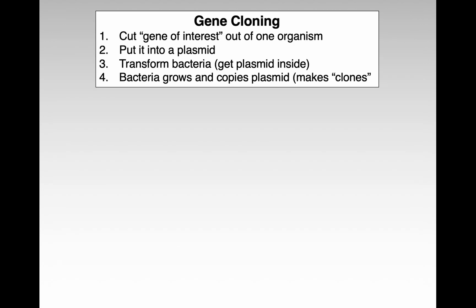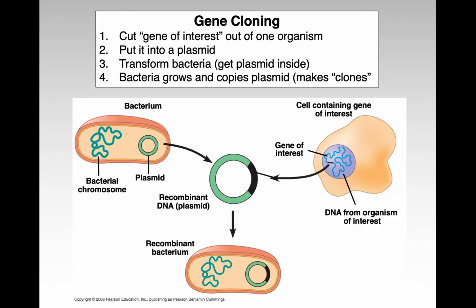All right, so gene cloning. The goal of gene cloning is first to cut, so let's say we want a gene from human cheek cells. We're going to somehow get that out of that cell, which we're going to talk about in a second. We're going to cut that out.